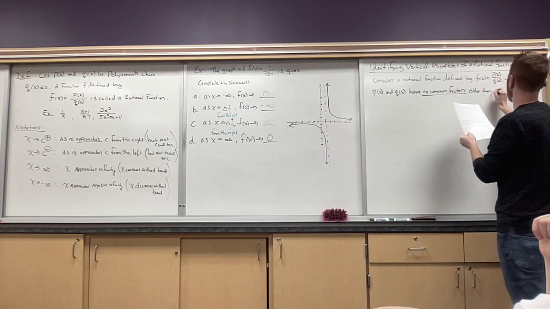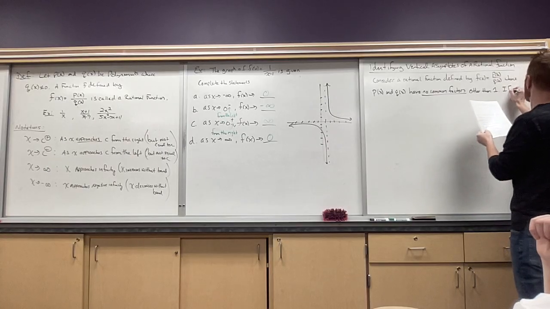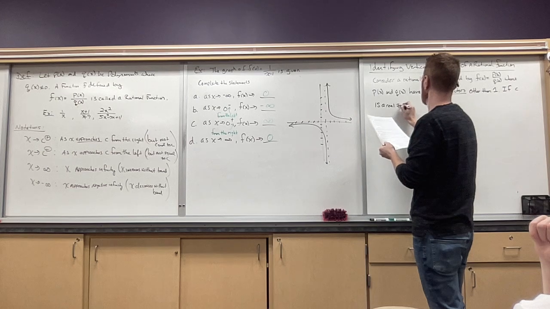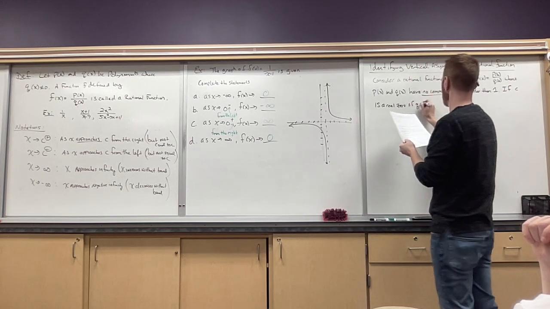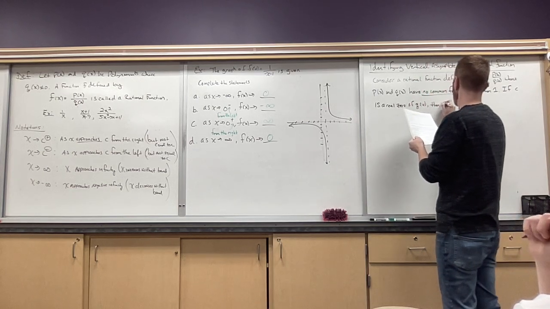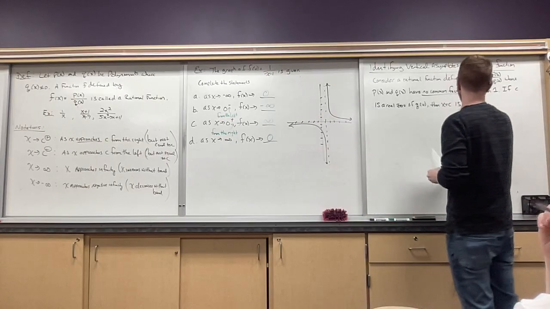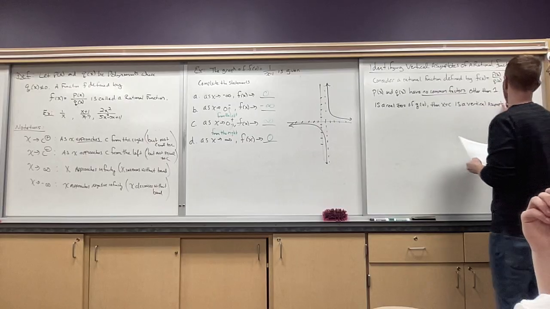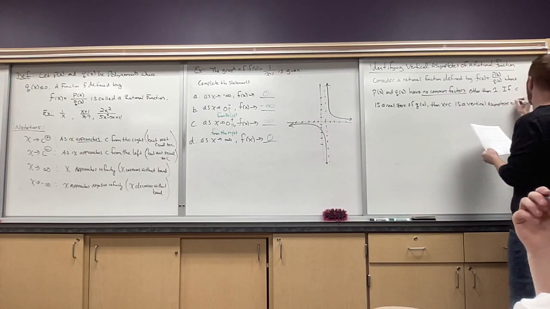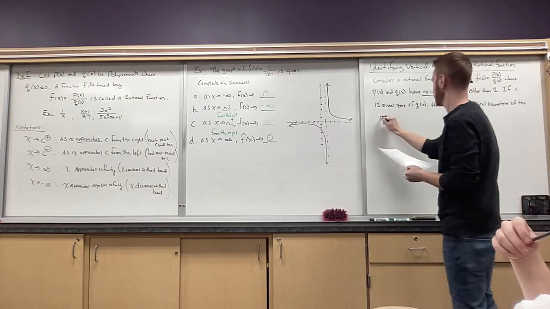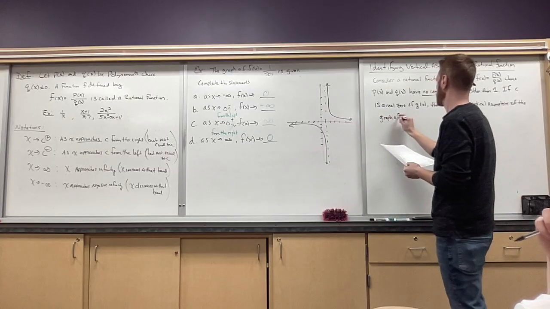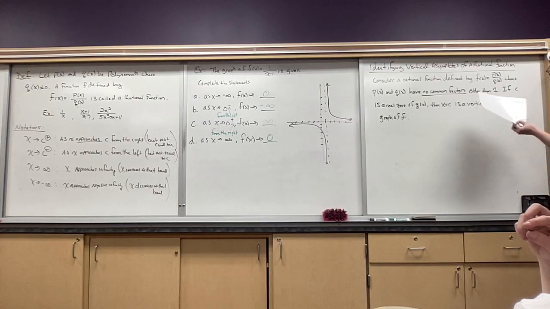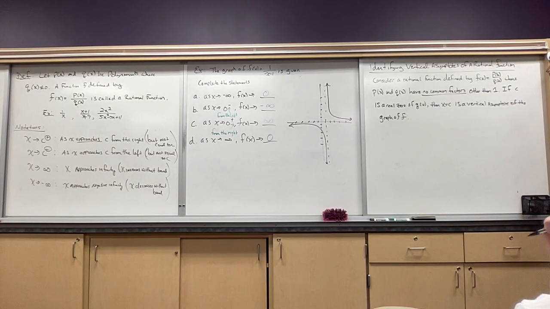If c is a real zero of q of x, then x equals c is a vertical asymptote of the graph of f. Definitely underline the words "no common factors," and we'll see what that means in some examples here.